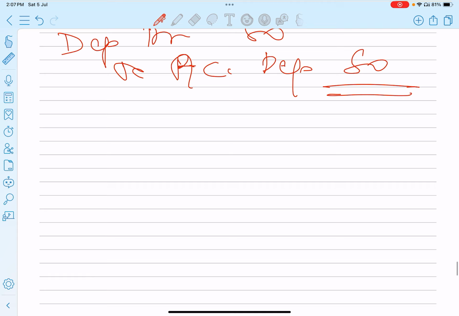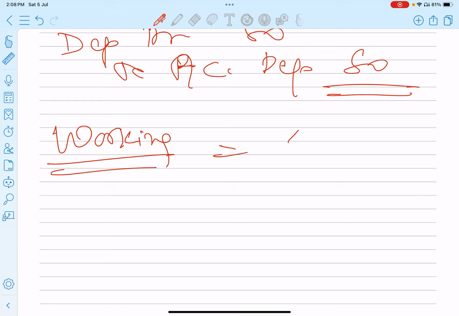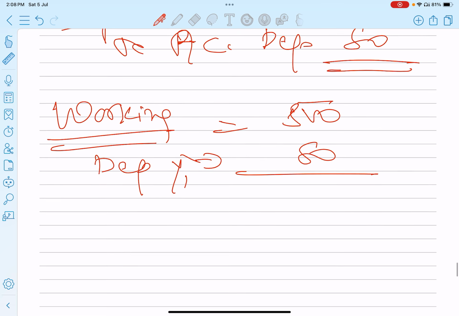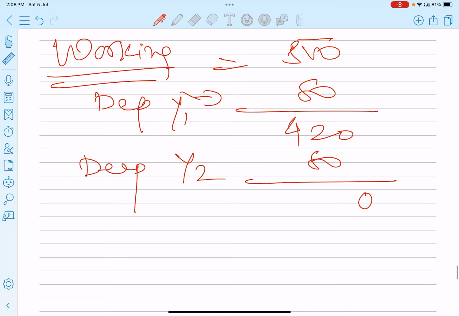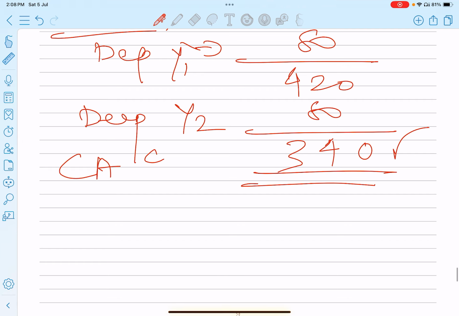So the working will be 500, depreciation year 1 80, so this is 420, depreciation year 2 80, and this is 340. So this is your carrying amount of assets.